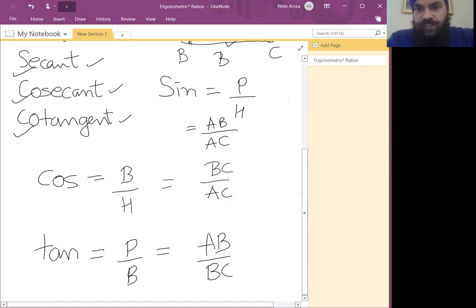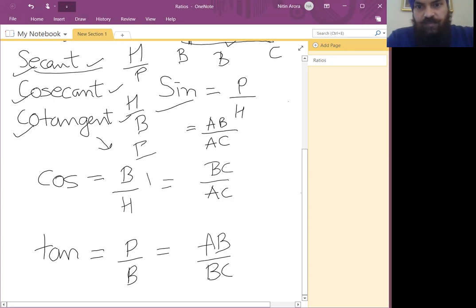So secant will be equal to hypotenuse over base, cosecant will be equal to hypotenuse over perpendicular, and cotangent is equal to base over perpendicular.